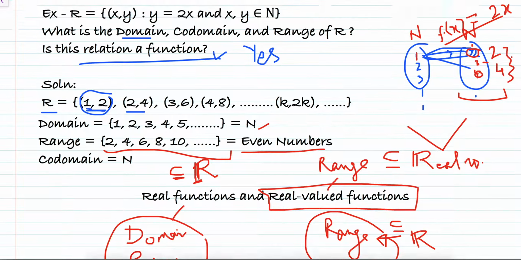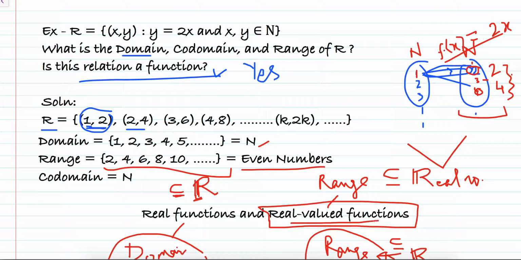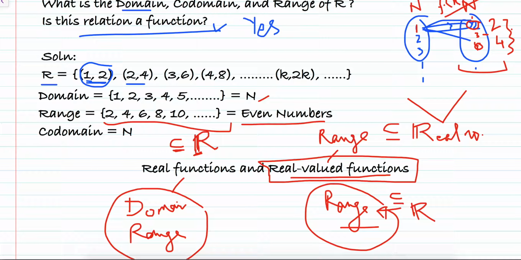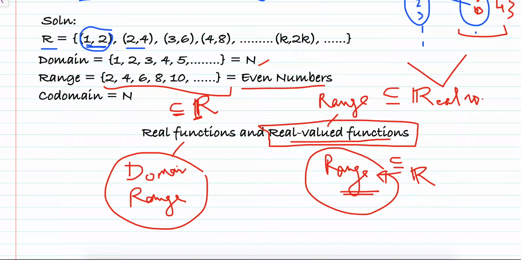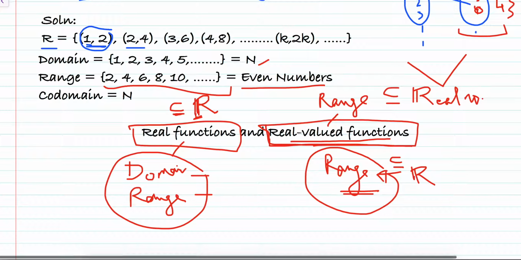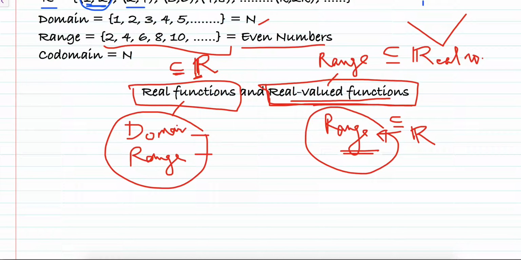The set of values calculated using this function is the range of this function. So if the range is a real number or a set of real numbers, then it's a real valued function because this function calculates real values. And a real function is a function where both domain and range should be from some subset of R, or real numbers. So this is the difference between real valued functions and real functions.